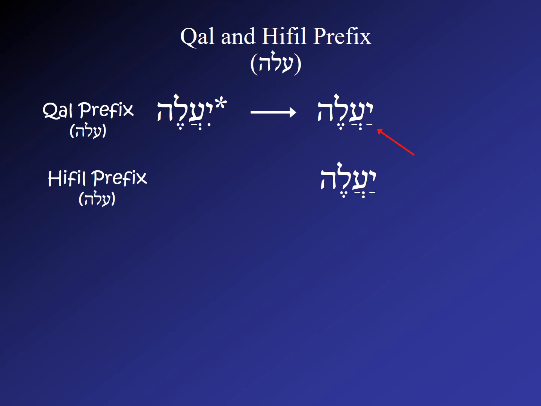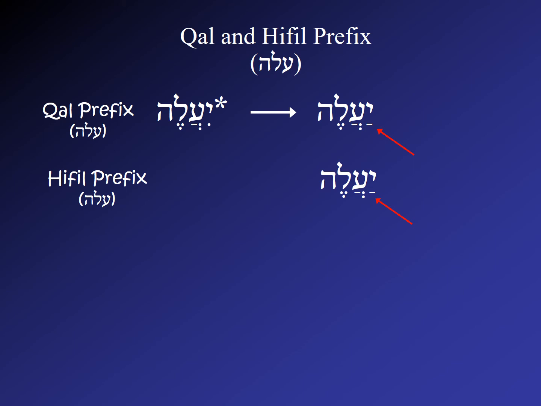This happens to be exactly the same form as the Hifil prefix, ya'aleh. That patach there is the characteristic vowel of the Hifil. So we get the patach in two different ways, but the forms look exactly the same. So if you see ya'aleh or ta'aleh and so on, you can't tell without context whether it is Kal or Hifil.